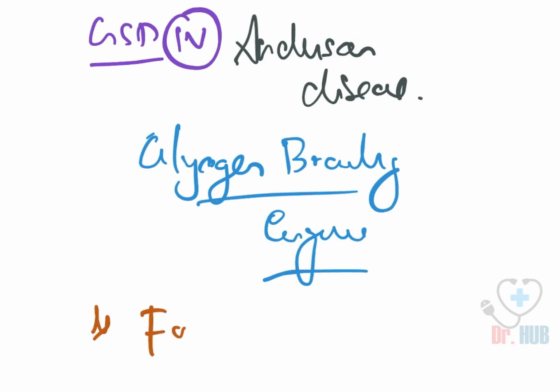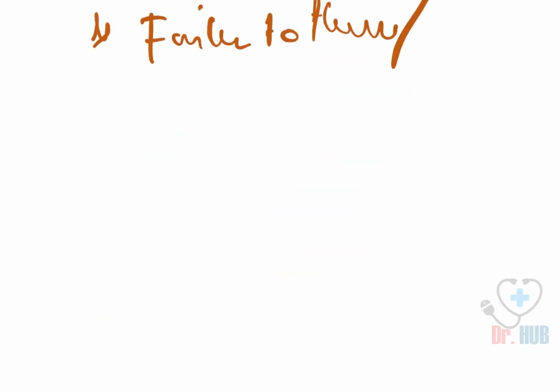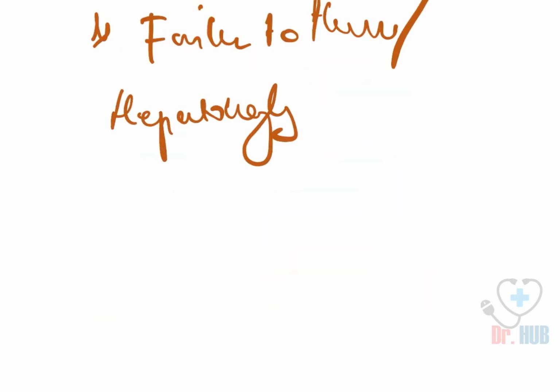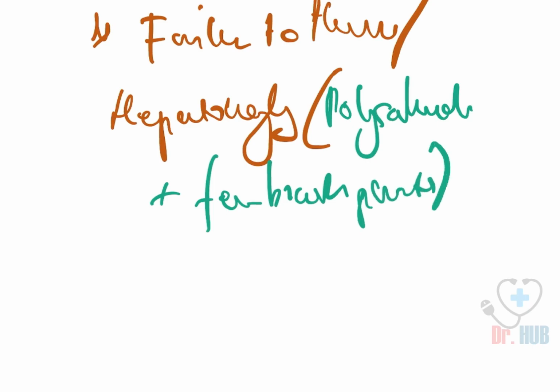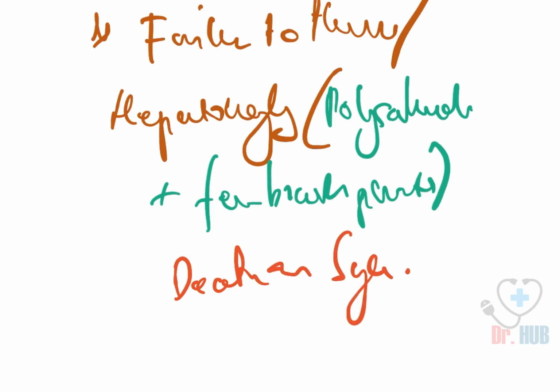There is a failure to thrive. There is also the hepatomegaly, and this is due to the accumulation of the polysaccharides with a few branch points. Next, death can occur, about 5 years.